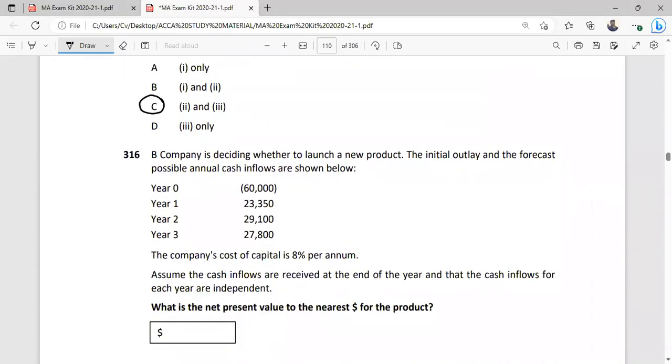Next, B company is deciding whether to launch a new product. The initial outlay and the forecast possible annual cash inflow are shown below. Year 0, 60,000. Year 0 means year of investment, today.